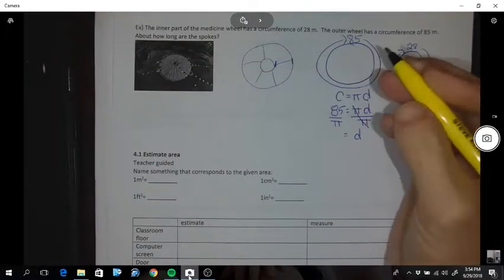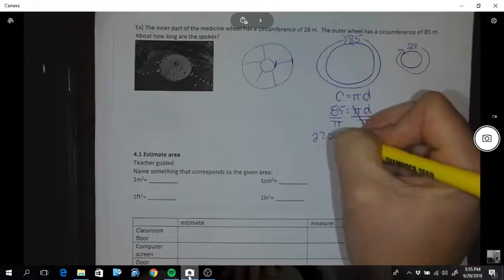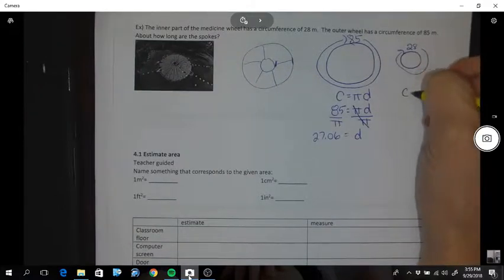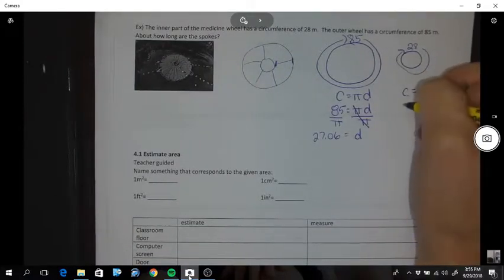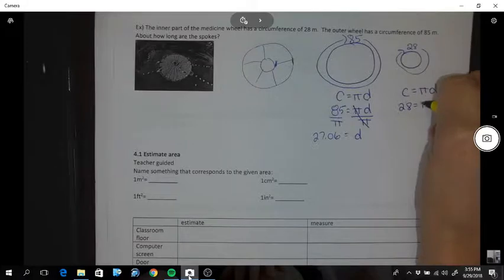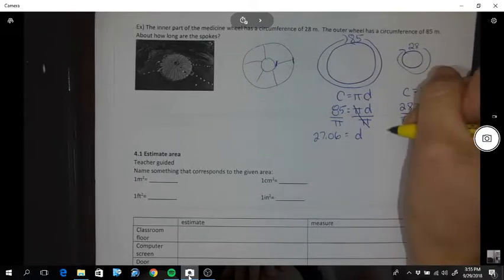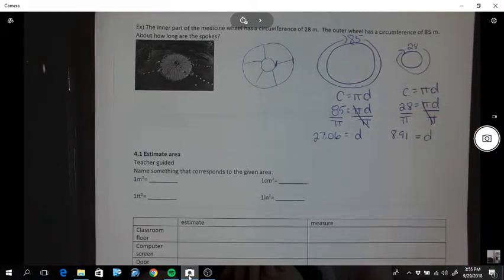Okay, so that becomes 27.06. And on this one, my circumference is 28. So I'm dividing by pi to get the d. So the diameter is 8.91.